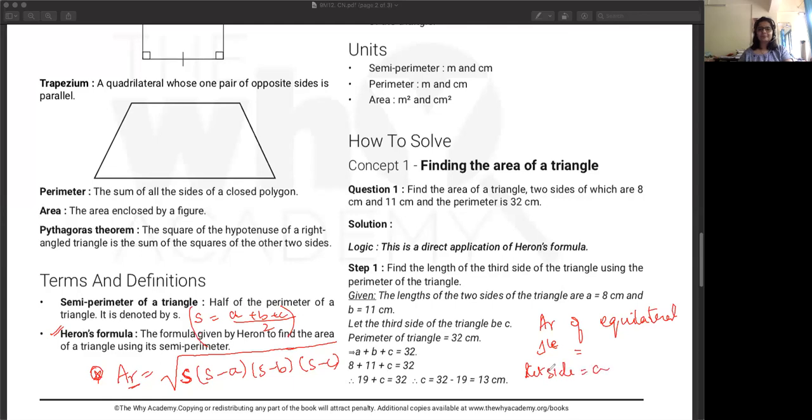Square root of s into (s minus a) whole cube. So simplify that and give a final small formula. And in place of s, you can write s will be equal to a plus a plus a by 2, because a, b, c are the same. So substitute that also in this and figure out what the formula is.